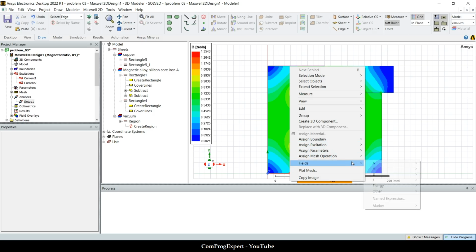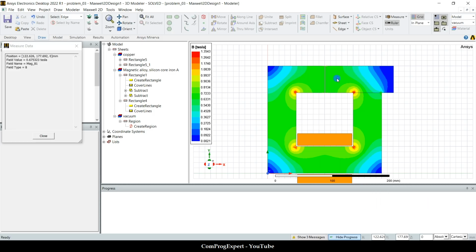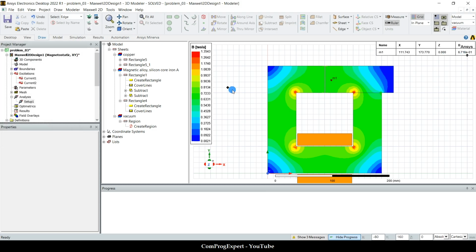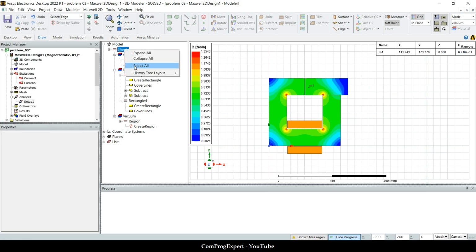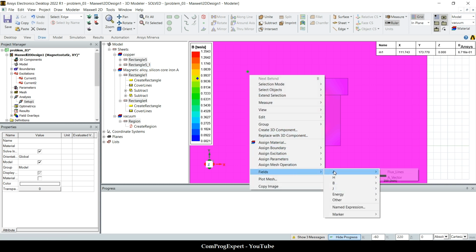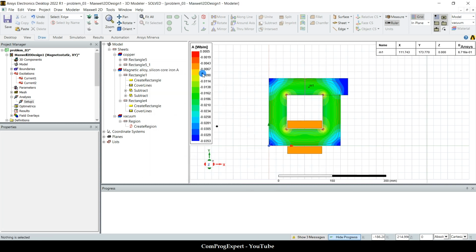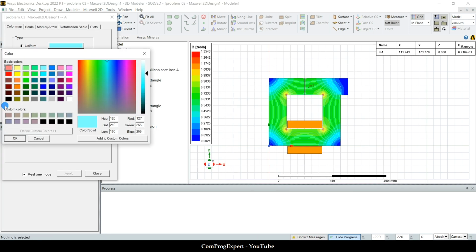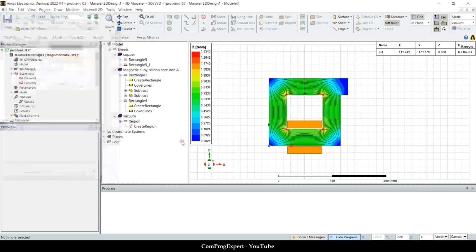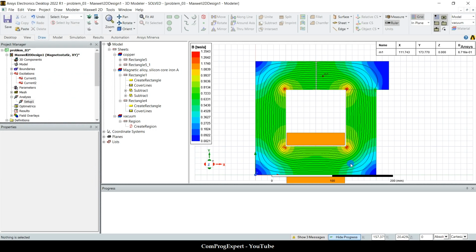We can add this marker here. The value of the flux density is 0.67 Tesla. Also, you can select all objects and plot flux lines. Okay, the flux lines, you can visualize them.